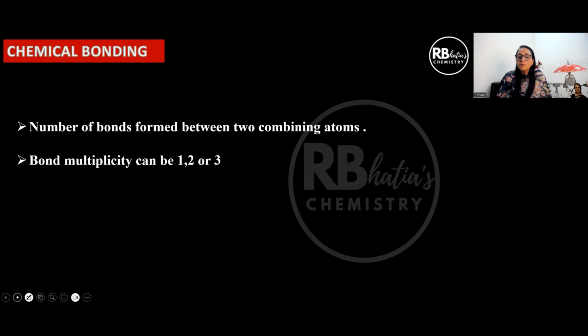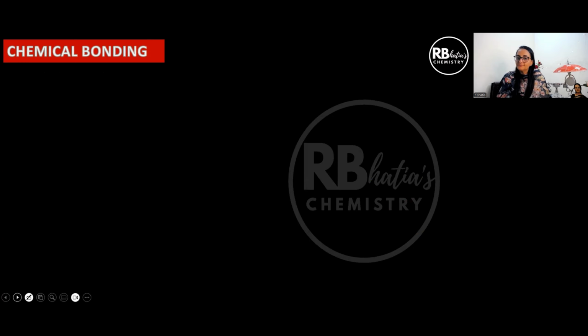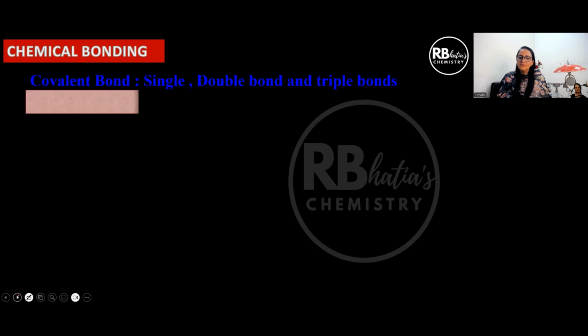Okay. Number of bonds formed between two combining atoms is what we call as the bond multiplicity, also called as bond order. So bond multiplicity or bond order is number of bonds between two combining atoms in a molecule. It's a very simple concept. So single bonds, double bonds, triple bonds, any of these bonds can be existing in a molecule.